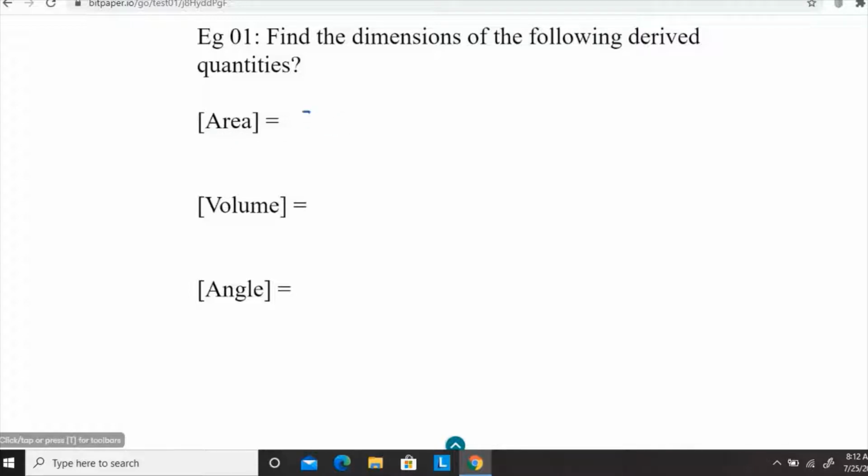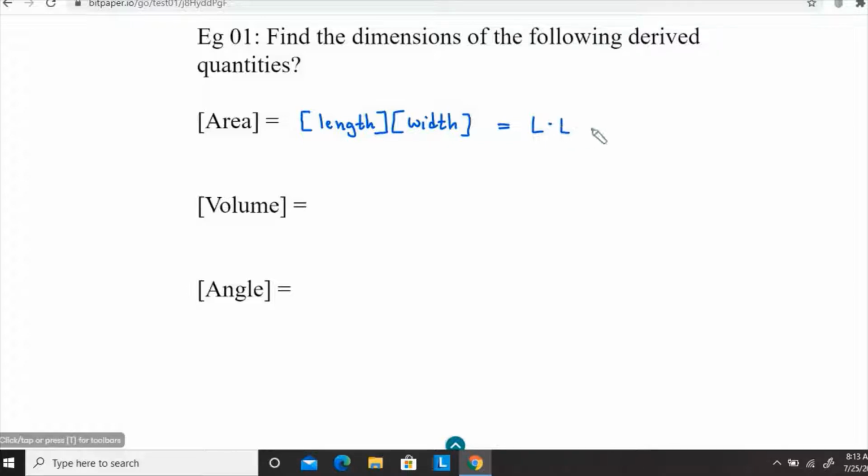So I'm going to write, it's going to be the dimensions of length multiplied by the dimensions of width. Now the dimensions of length is L. Dimensions of width is again L because it's a length, it's a certain distance.